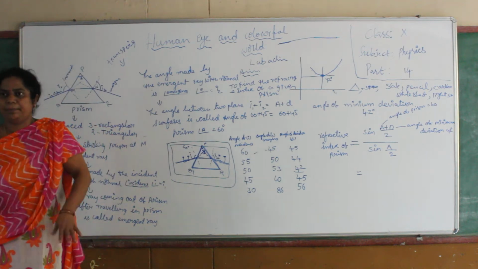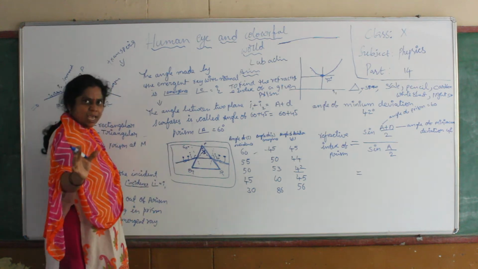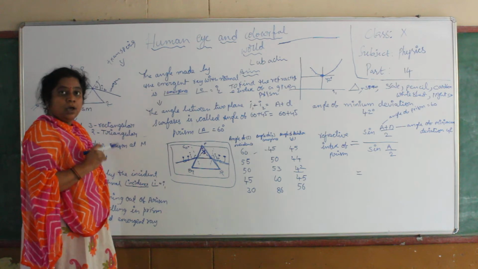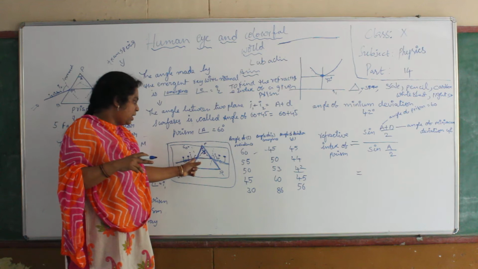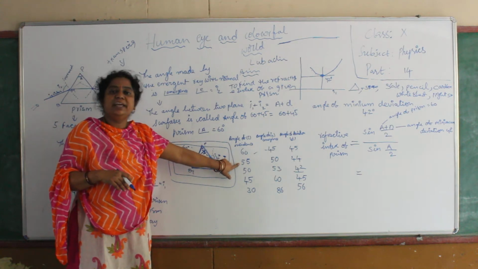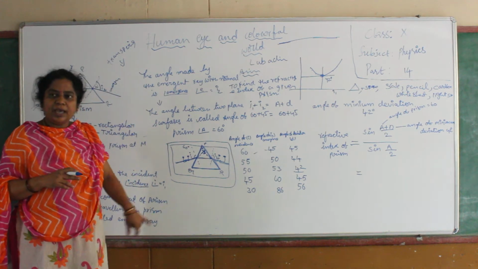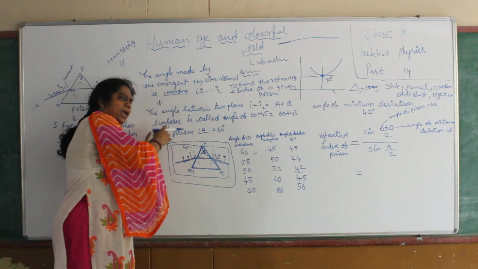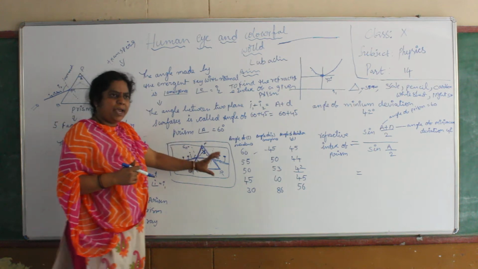Again I removed that paper and placed one more paper, and with the same prism I drew the outline again. This time, instead of 60 degrees with the protractor, I made a line at 55 degrees, children. With the same procedure, I kept two pins, and after that I kept the prism again here.